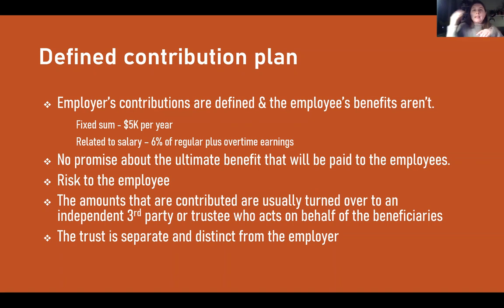But they don't know at the end how much the employee is going to get from this contribution plan. Some examples are that they put $5,000 per year into trust, or 6% of regular plus overtime earnings for the years. So there's no promises about what the employee is going to get at the end. So the risk is to the employee.